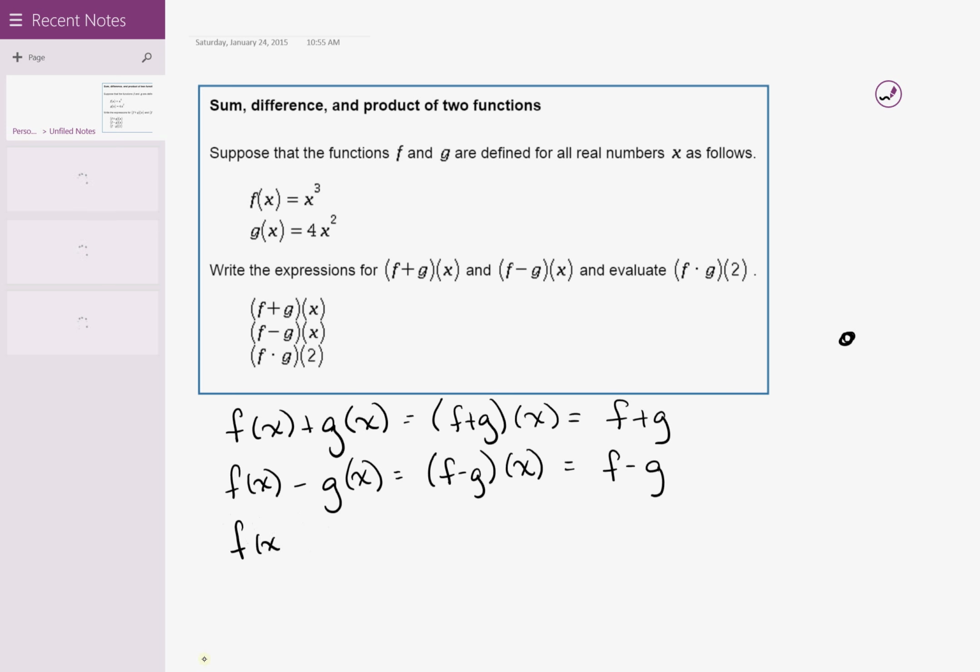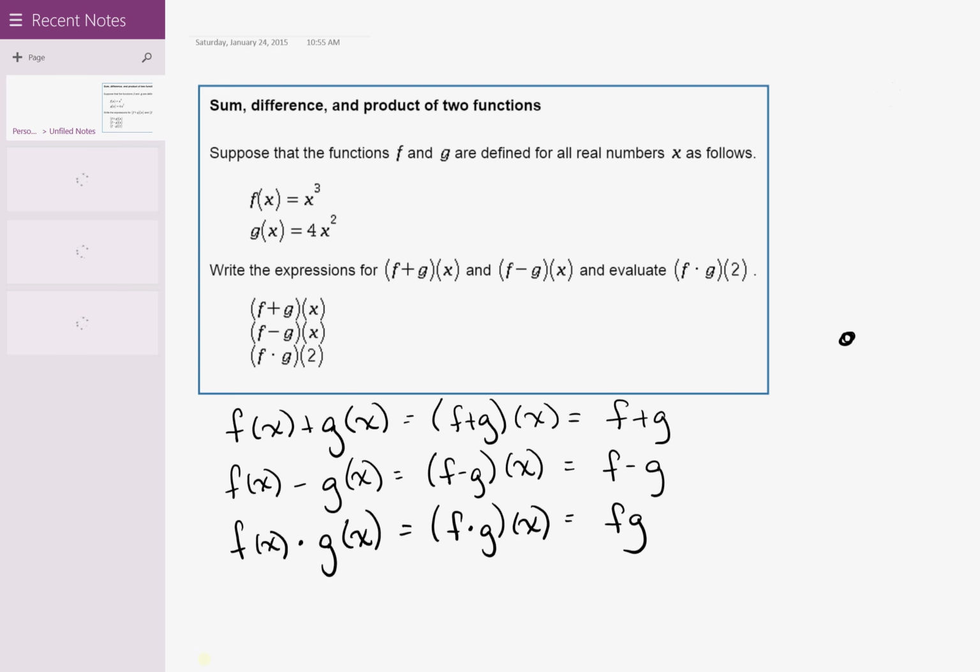F of x times g of x is also written f times g of x, and sometimes just written fg. Quotient isn't included in here because quotient has different issues for the domain.